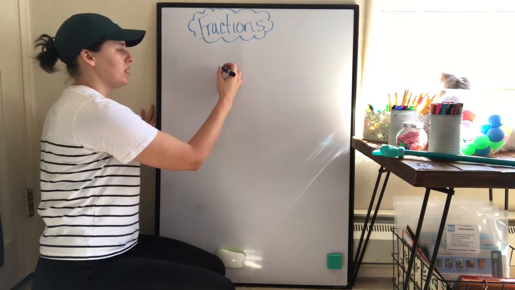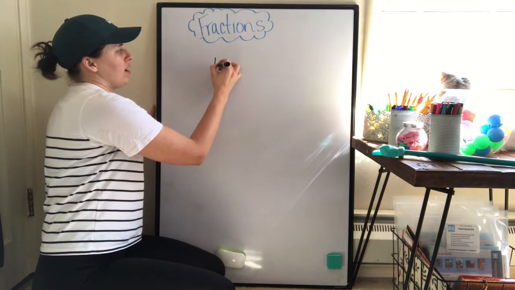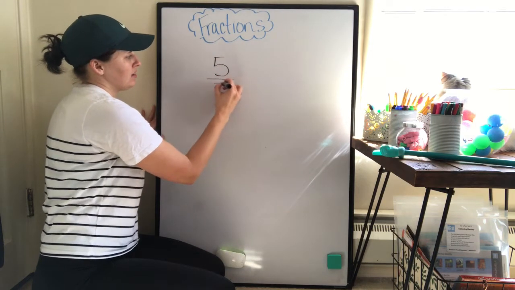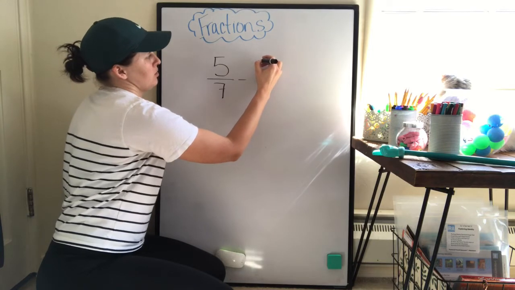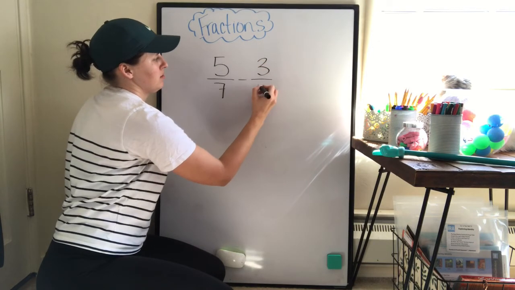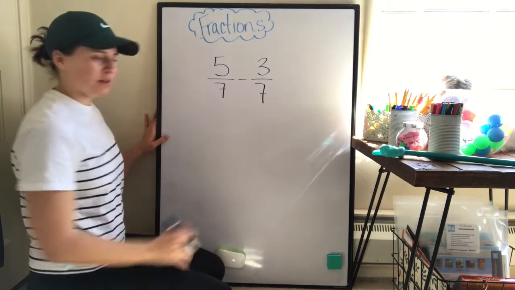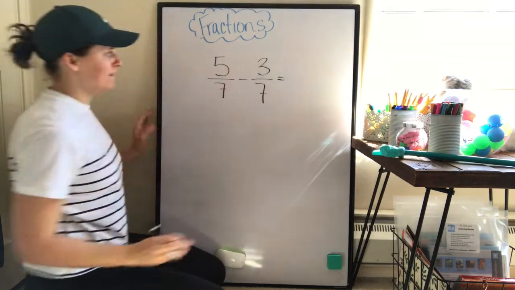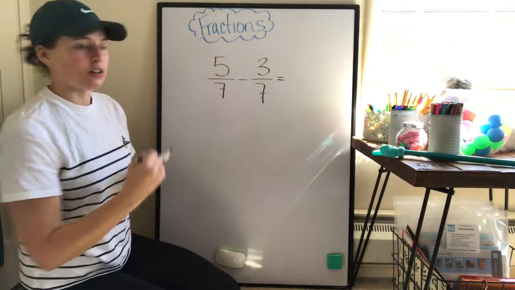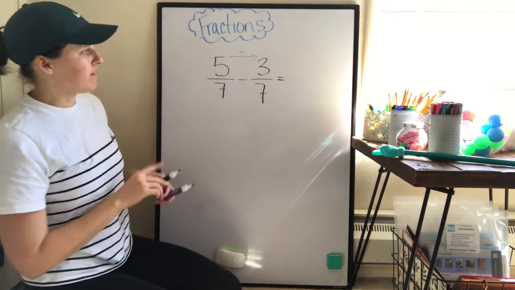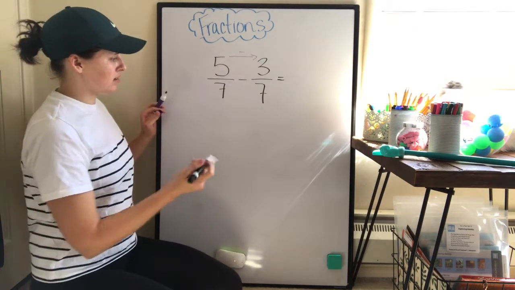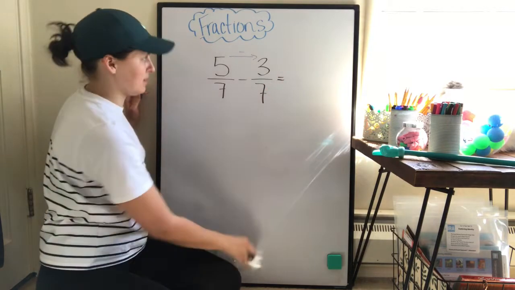Let's do 5 sevenths minus 3 sevenths. Let's do that. Okay? First thing, we're going to subtract across the top. 5 minus 3 is, let me do this again.